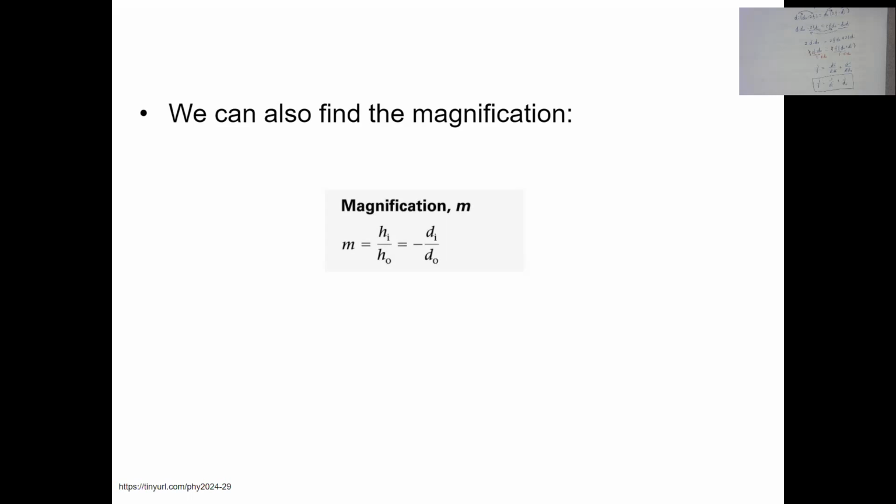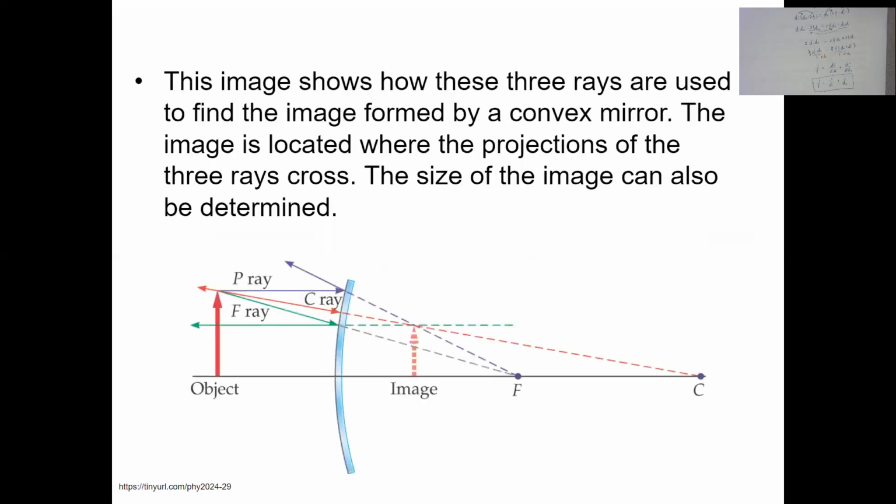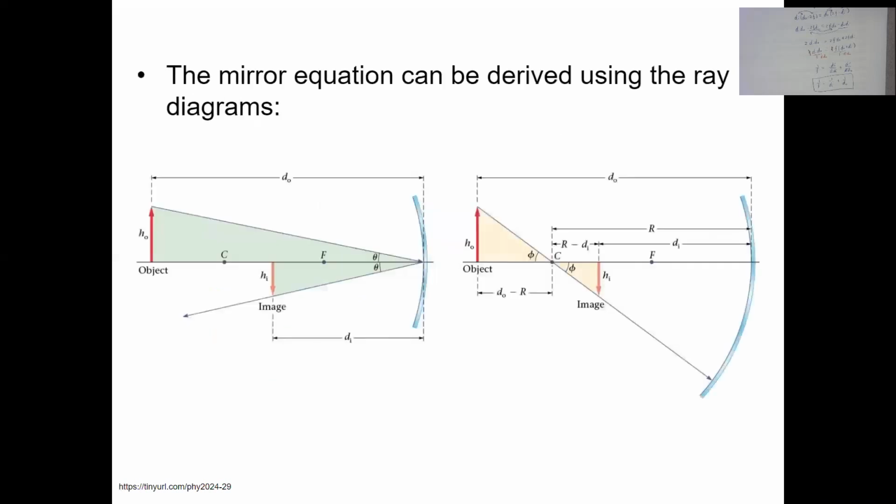You can see this from the derivation here. In the first figure, that's easier to see: if you do ho over hi, then it's going to be equal to di over do.